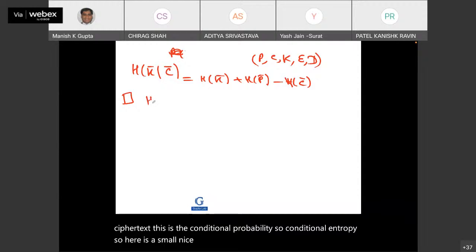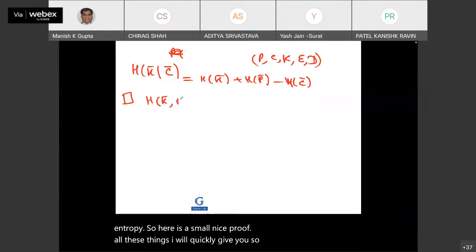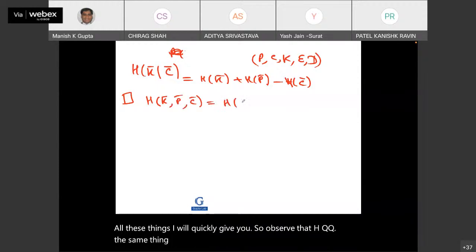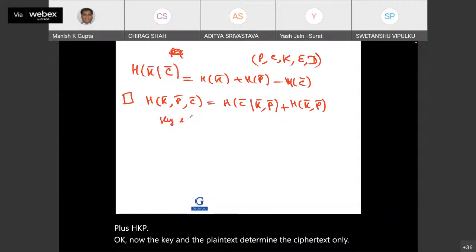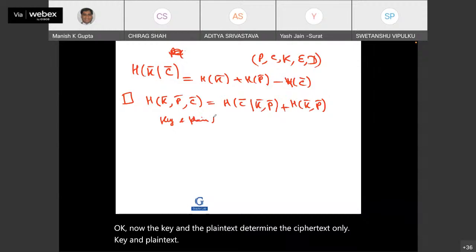Some of these things I will quickly give you. Observe that H(K,P,C) is the same thing as H(C|K,P) plus H(K,P). Now the key and the plain text determine the cipher text only, right?